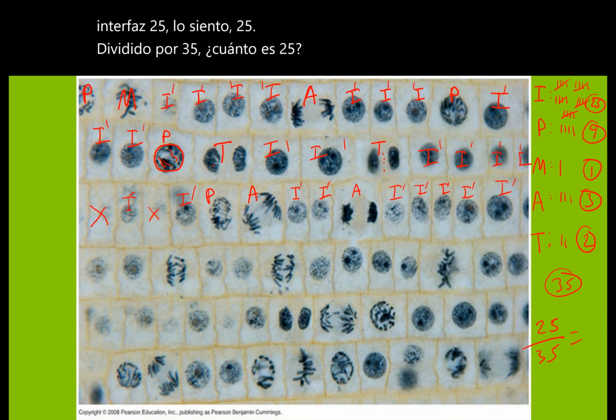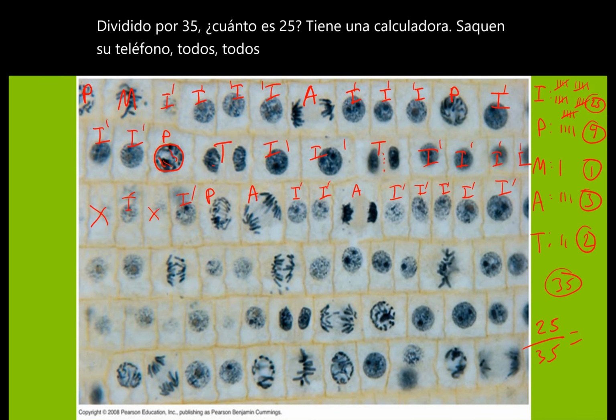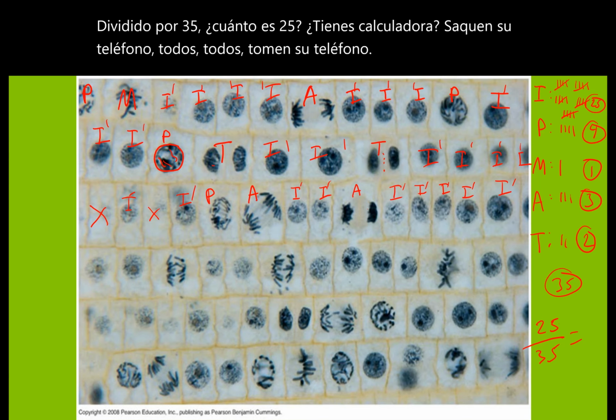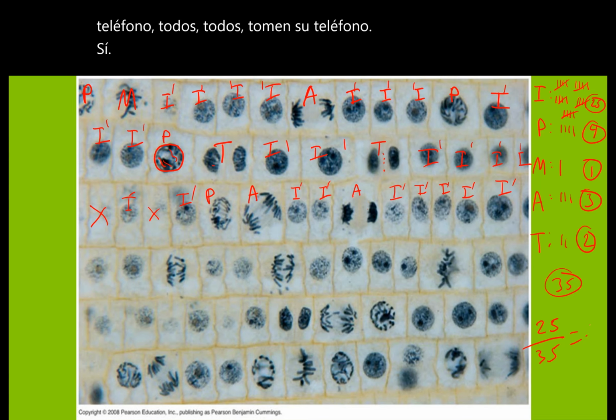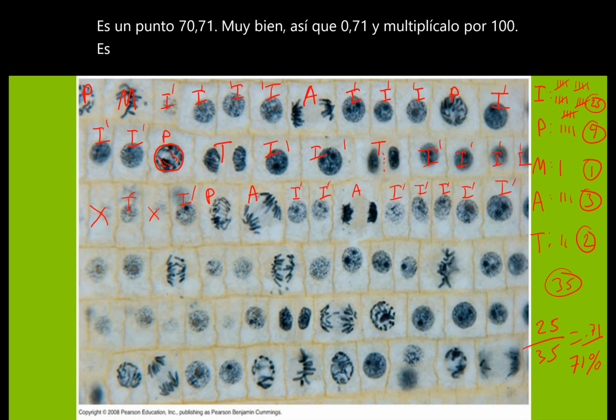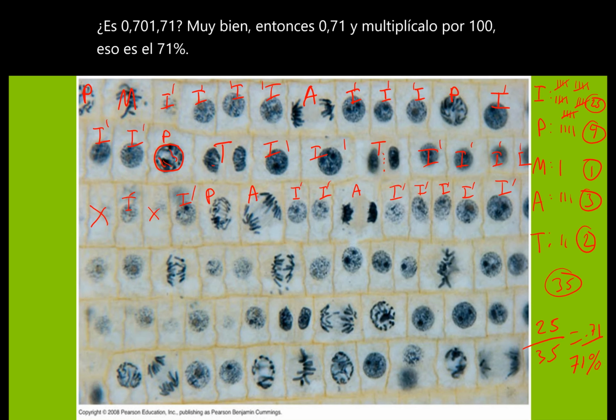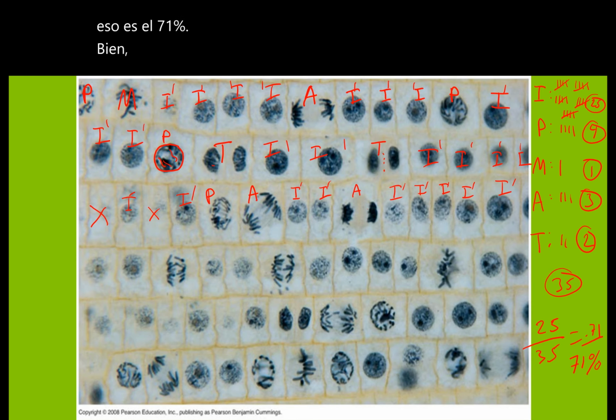Get your phone out, everybody. 25 divided by 35. Is it 0.70? 0.71? Yeah. All right, so 0.71 and multiply by 100, that's 71%. So 71% are in interphase.